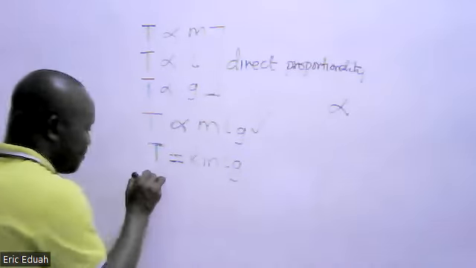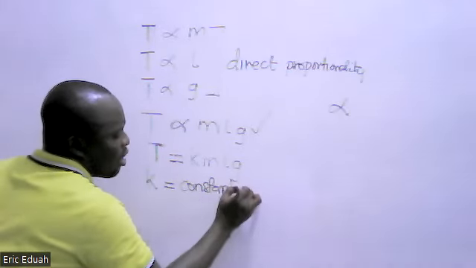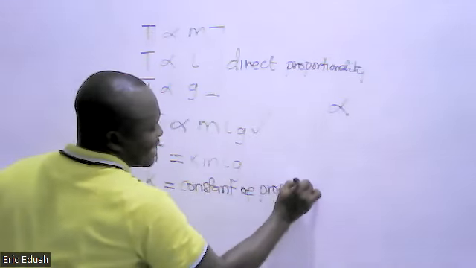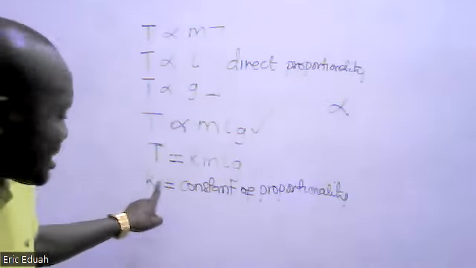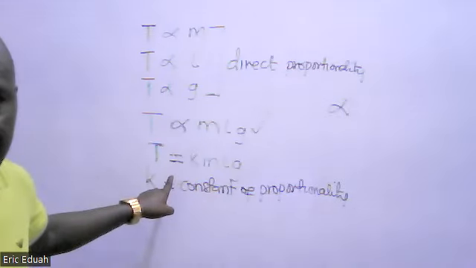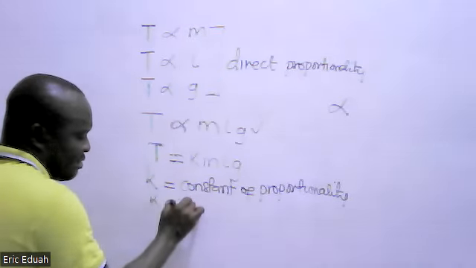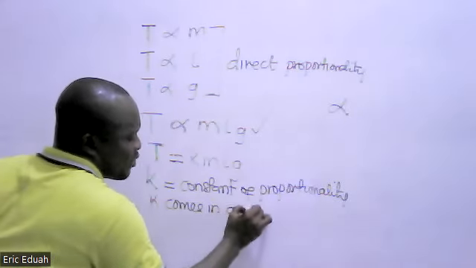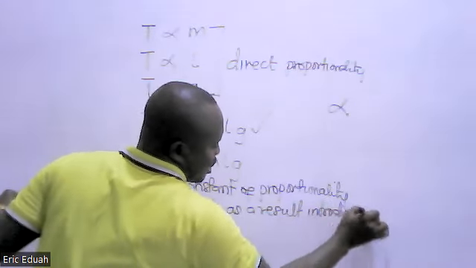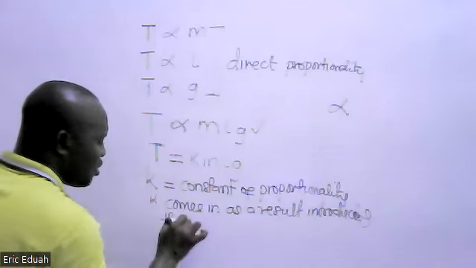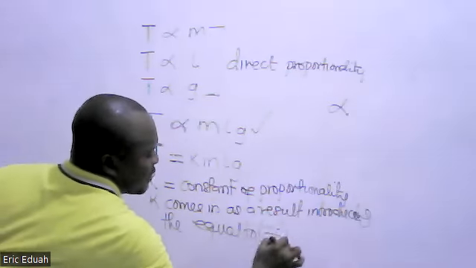So my k is the constant of proportionality as a result of introducing the equal to sign.